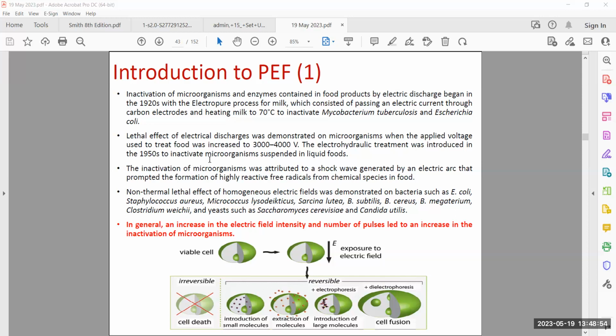If I may say this, pulse electric field actually does not differ a lot from infrared, or even radio frequency. The technology is a bit the same, except that pulse electric field uses an electromagnetic field in comparison to radio frequency, although it uses electrodes, but it uses a sound wave instead of electrical energy.